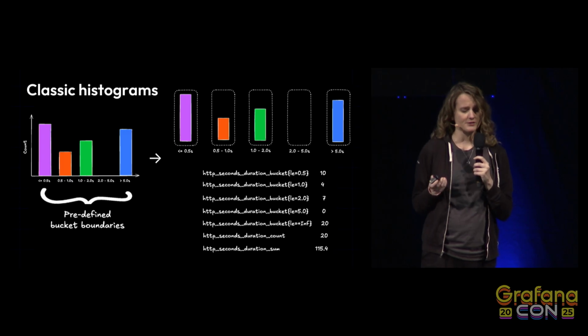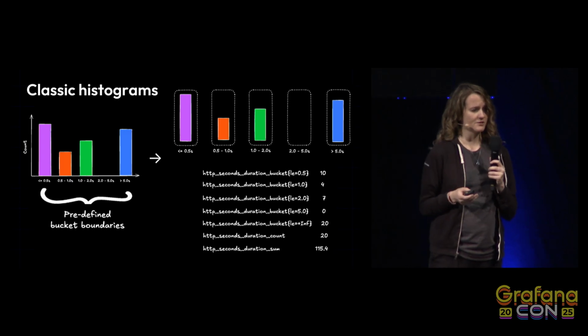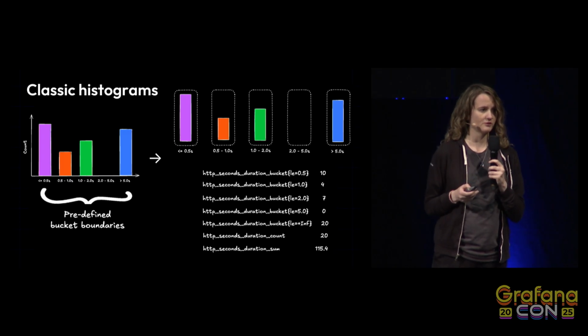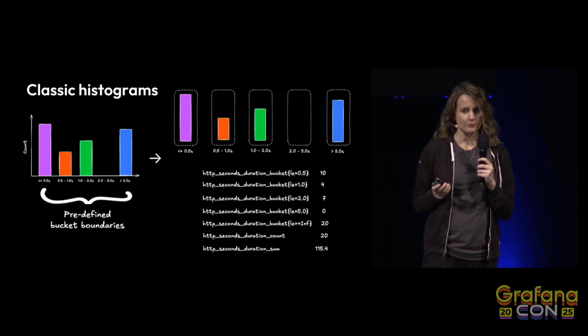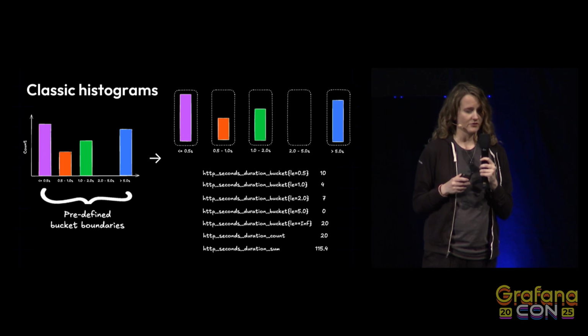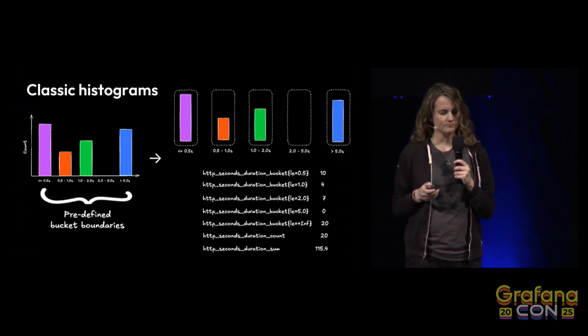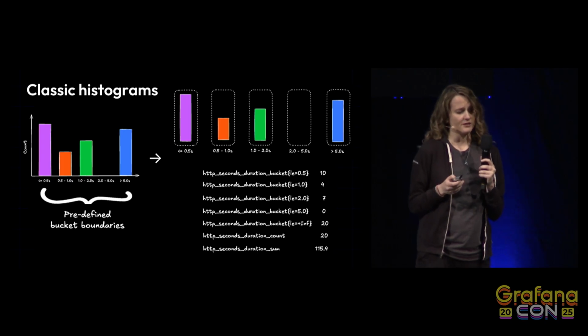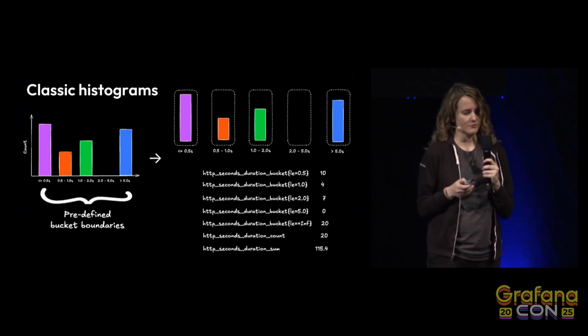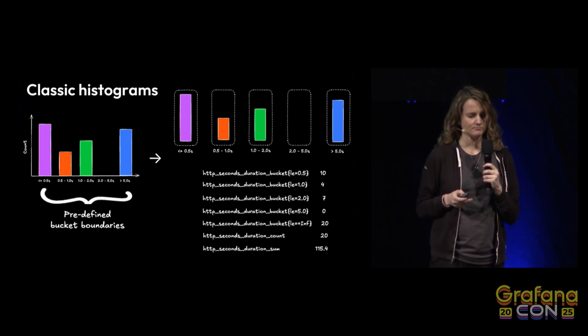They also take up a lot of space. Because of this, many users will define only a few coarse buckets, and this can cause inaccuracy in quantile estimation. Also, classic histograms can only be aggregated if the bucket boundaries match exactly.